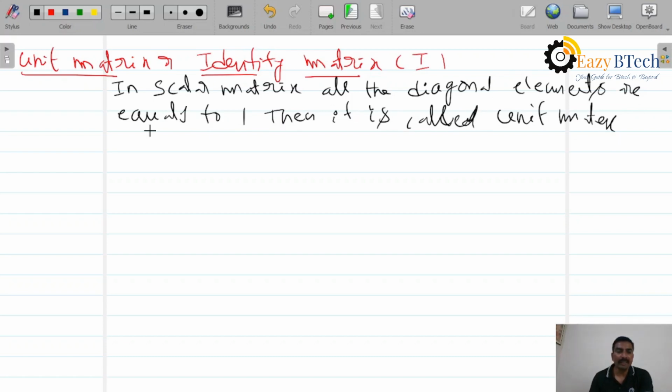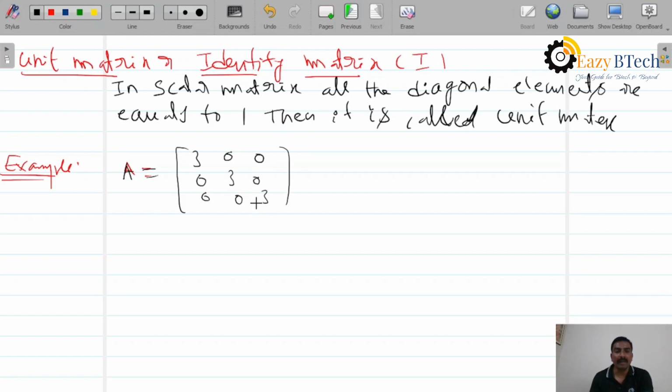So what is the meaning of this? Suppose, for example, I will tell you one example. Scalar matrix. Already I told you, scalar matrix means, suppose, for example, capital A equals 3 0 0, 0 3 0, 0 0 3.